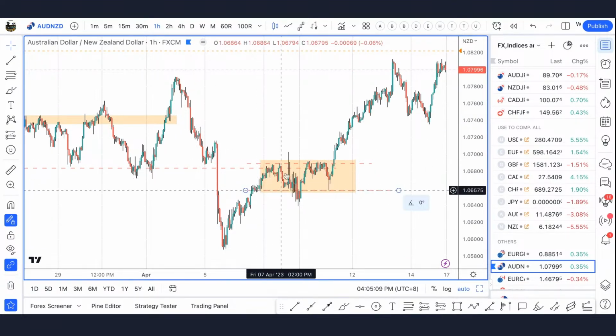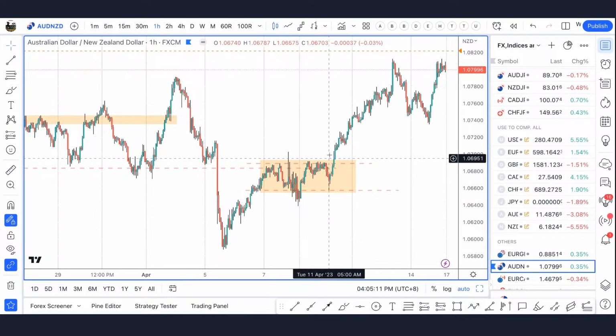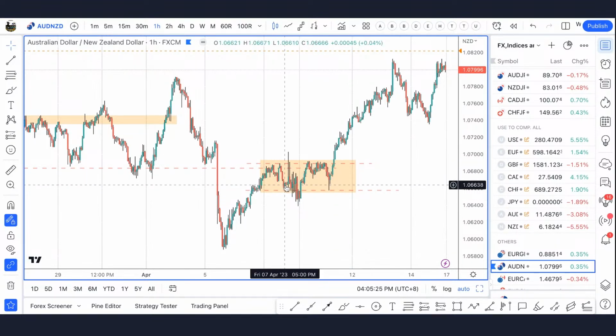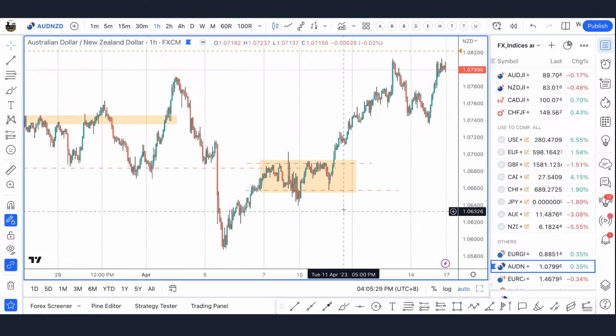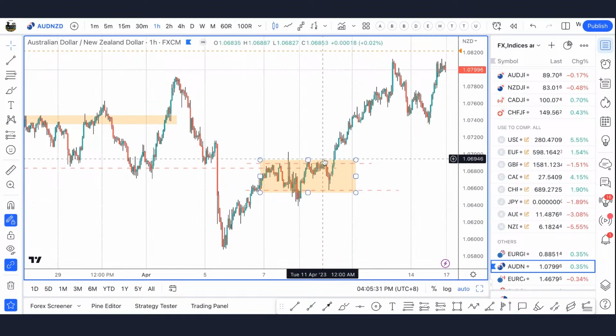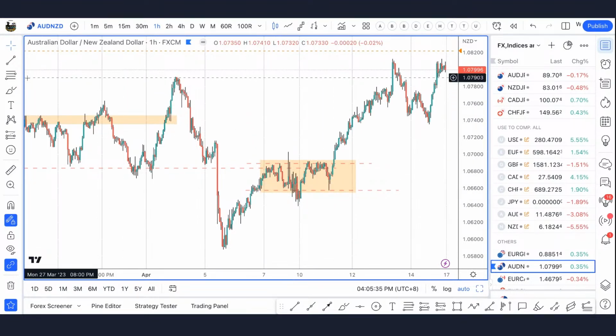We do get a quite well-defined consolidation over here, right? Going up and down, up and down. So if there is a breakout, it will tell you that this structure is most likely going to give way, and then the follow-through will be happening.